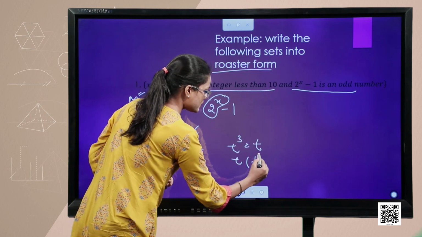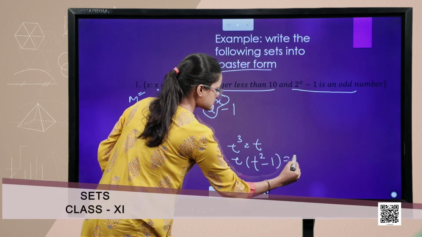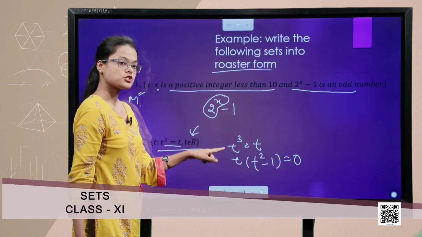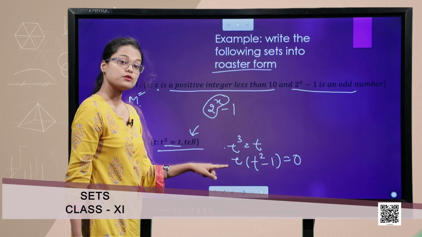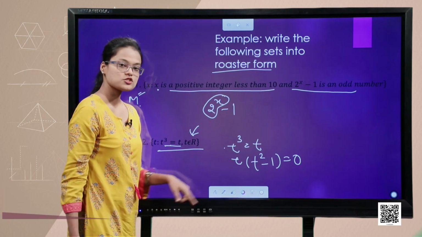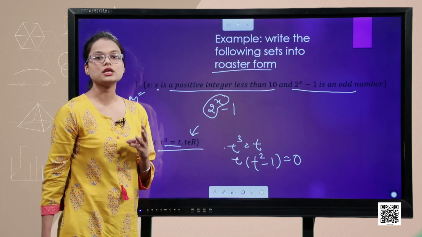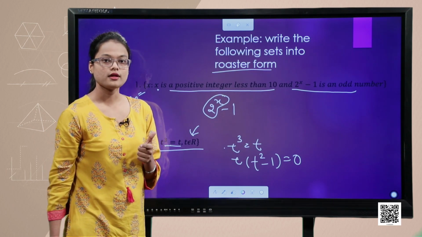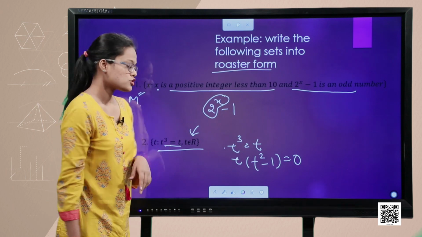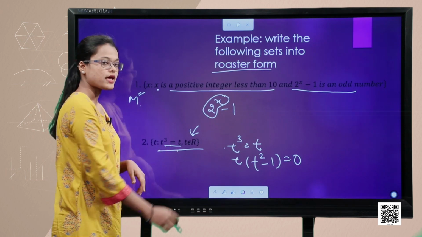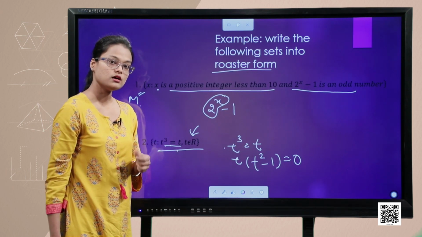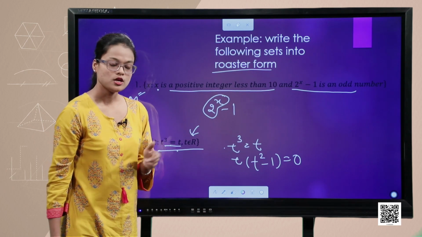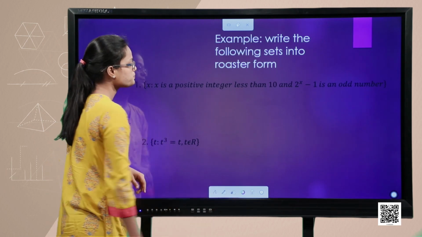Yes, we can write it like this. This expression can be written like this and we know that this equation is satisfied by only 3 real numbers. They are 0, 1 and minus 1. So, this set has 3 elements. They are 0, minus 1 and 1. So, let us see the answer.